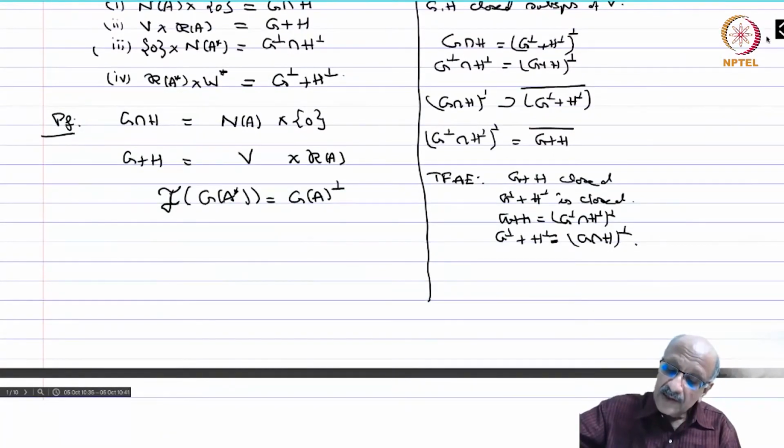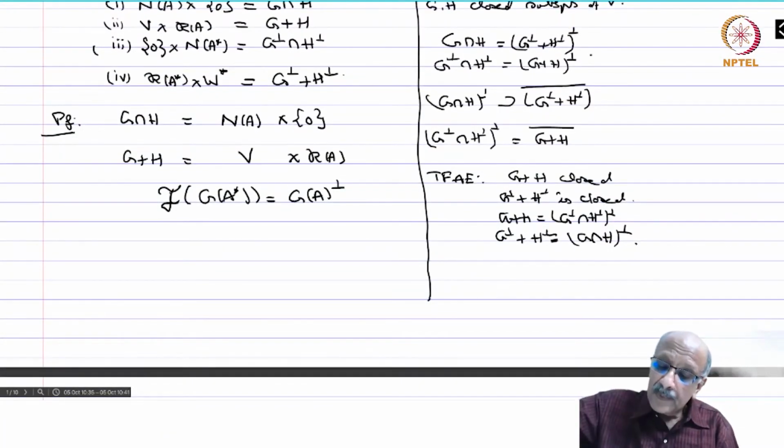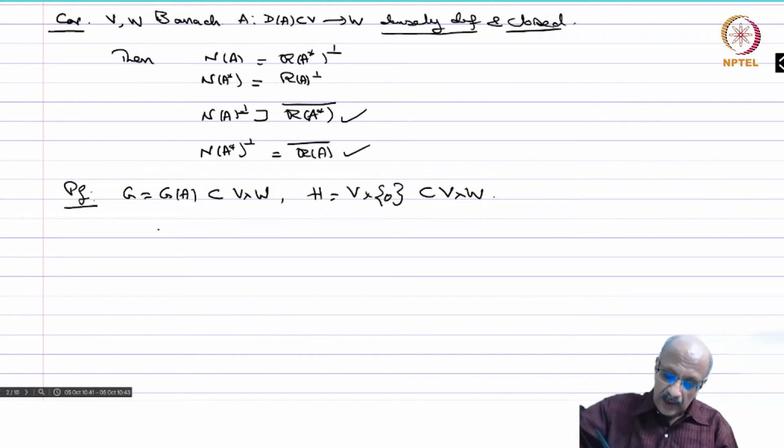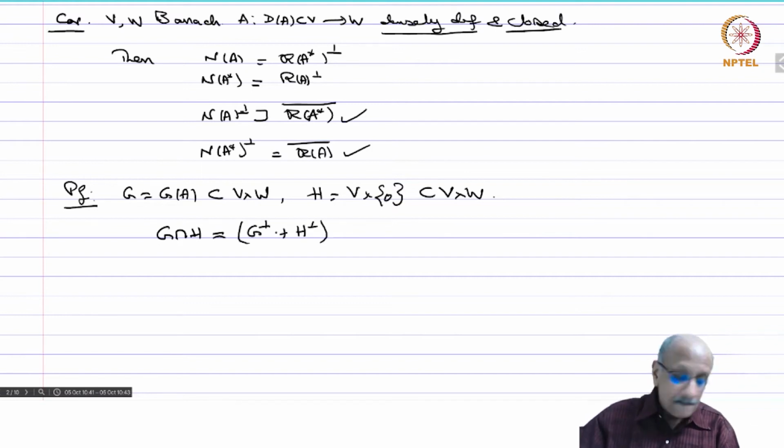G intersection H is G perp plus H perp perp.